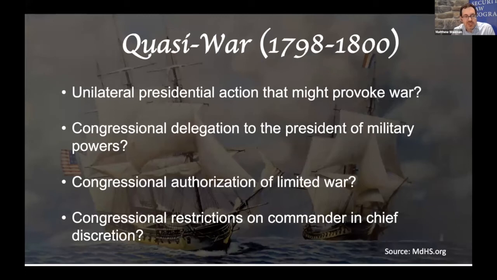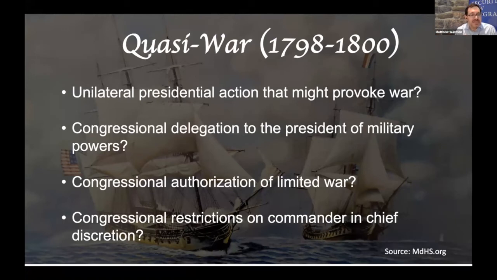First, assuming for the sake of argument that the president may not initiate full-blown war unilaterally, what if he takes steps using his other powers, let's say his commander-in-chief powers or his diplomatic powers, that make war more likely, that risk provoking France into a war? I'll talk about what a big issue this is in lecture 2, because I think the president has a lot of power both to deter war, but also to, in some cases, provoke war.